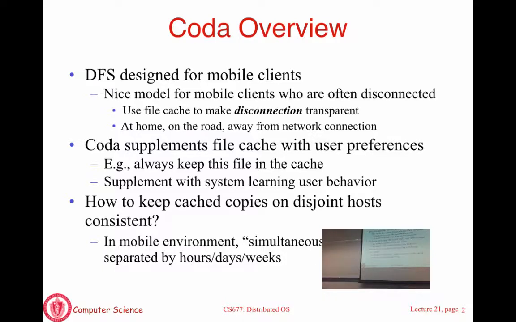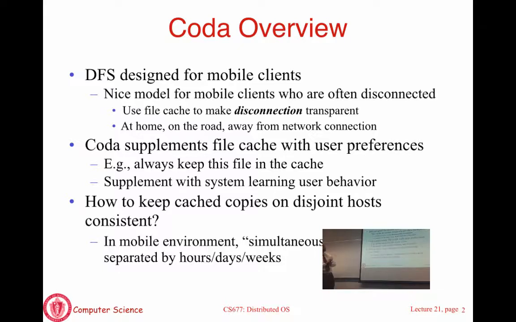And then the question is, what can you do from a file system perspective to help users continue to make progress and do their work? You could simply say, you are not connected to the network, you cannot have access to your files, in which case users are not going to be able to do anything. But on the other hand, if you can intelligently cache whatever data the user needs and provide access to the data while they're disconnected, you can actually be more useful from the user's perspective.